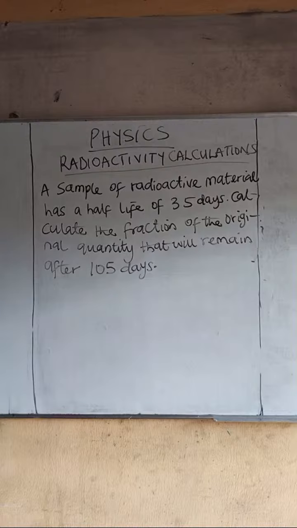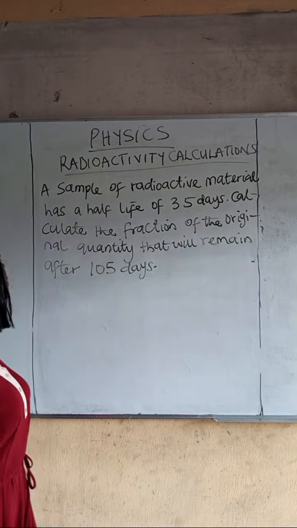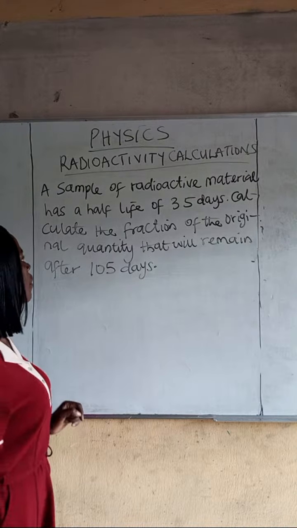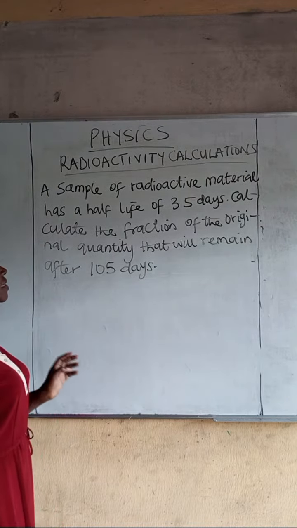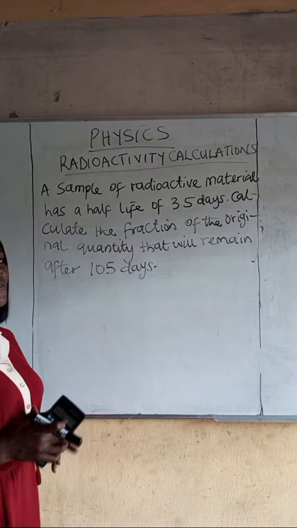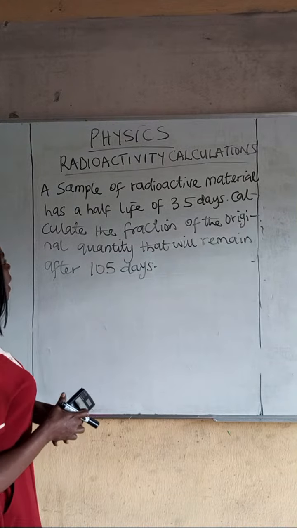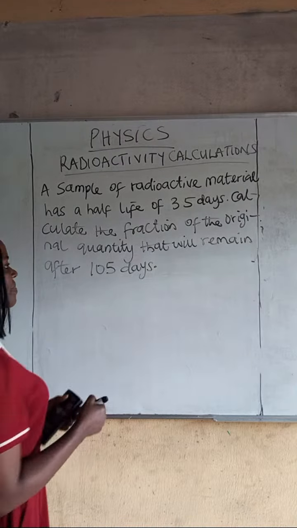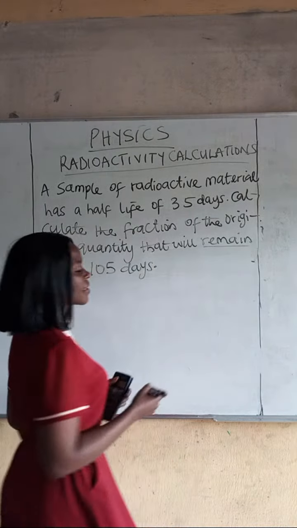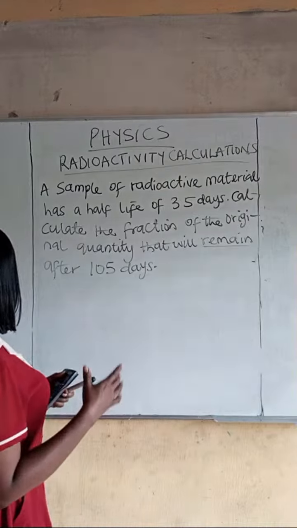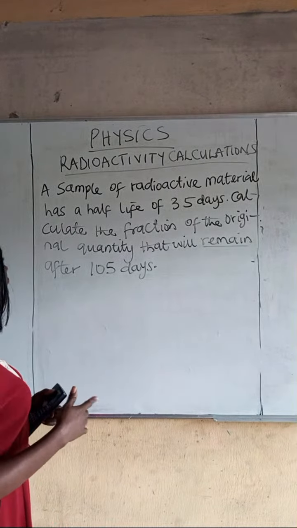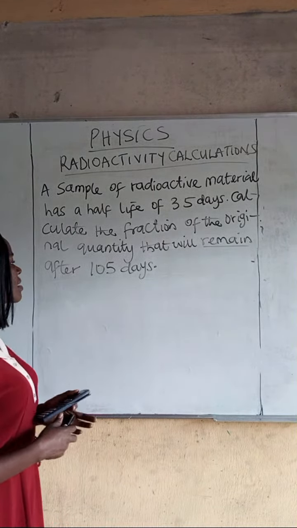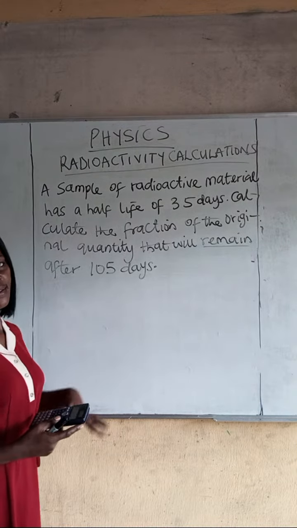All right. So let's look at this example. A sample of radioactive material has a half-life of 35 days. Calculate the fraction of the original quantity that will remain after 105 days.